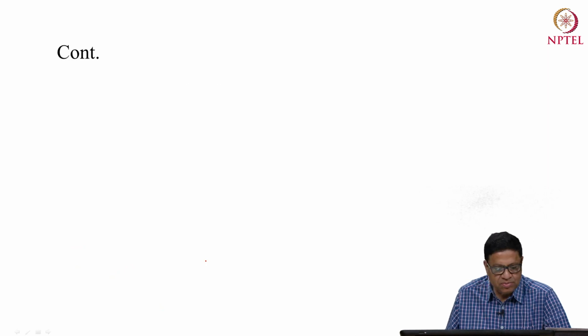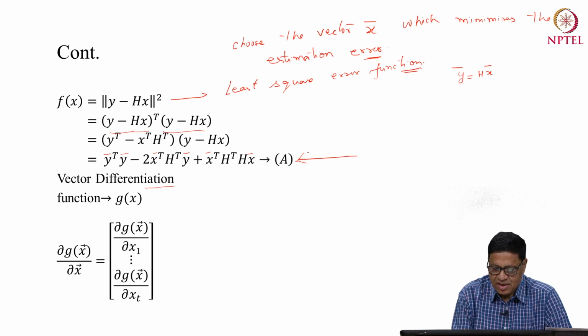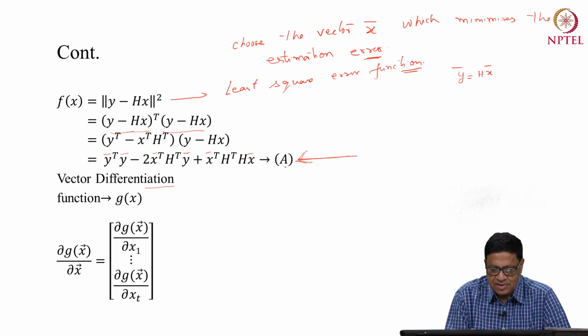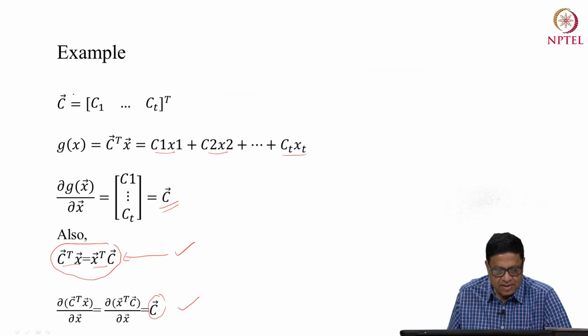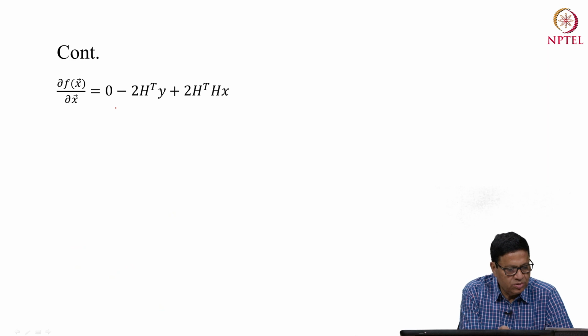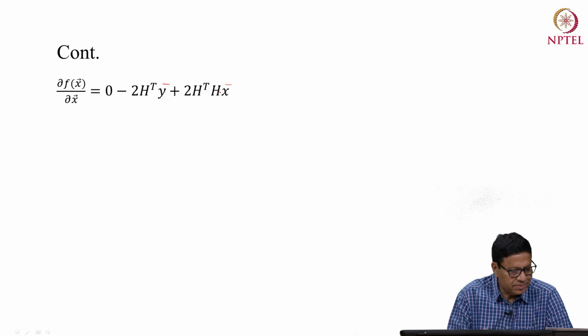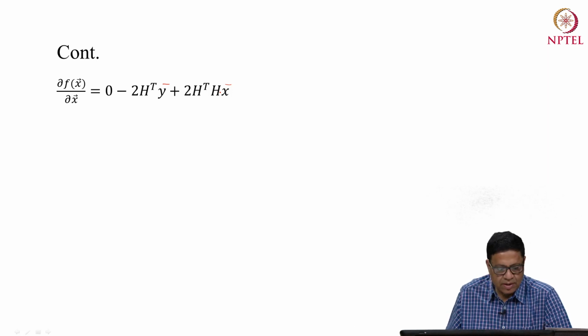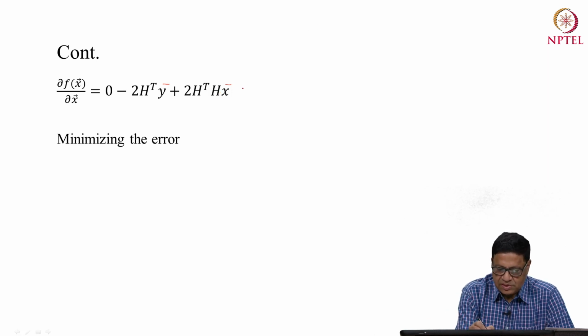So if I go to my earlier equation of this f(x) and differentiate equation A with respect to vector x, then I get 0 minus 2H transpose y plus 2H transpose H into the x vector. Let me explain this again.